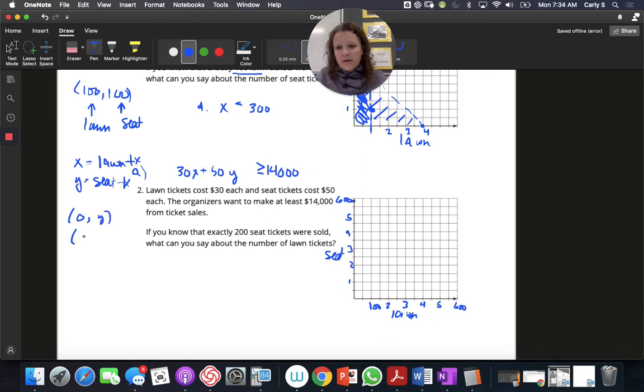Figure out what our y-intercept is and our x-intercept. If I put in 0 for x, and then I divide both sides by 50, 14,000 divided by 50, I get 280. And then if I put 0 in for y and divide, I get a fraction, 466 2/3.